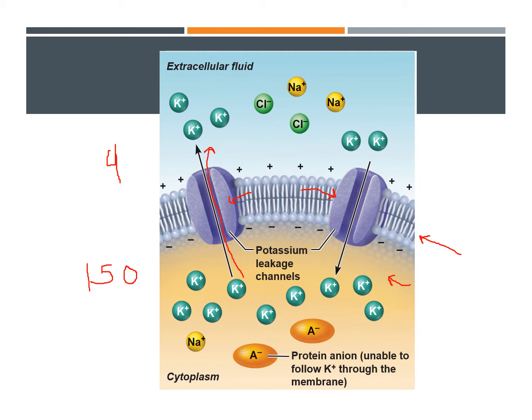So these positively charged potassium ions have a tendency to flow back into the cell, based upon a charge gradient. So they're going to move away from positive charges back towards negative charges. So what this means is that potassium is going to flow out of the cell down its concentration gradient and flow into the cell down its electrical gradient.